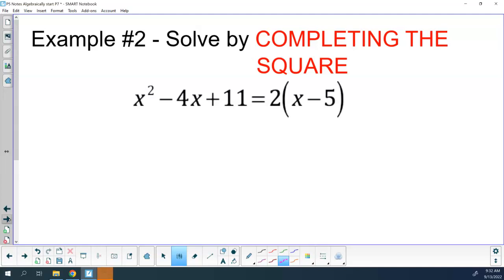Next one is solving by completing the square. More than likely, you're okay with that. Factoring is the one that you've done, the one that you have the most experience with.